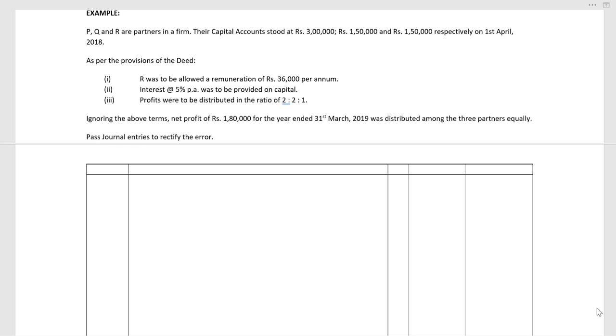Interest at 5% per annum was to be provided on the capital, and the profits were to be distributed in the ratio of 2:2:1. Ignoring the above terms, the net profit of rupees 1,80,000 for the year ended 31st March 2019 was distributed among the three partners equally. Pass journal entries to rectify the error.